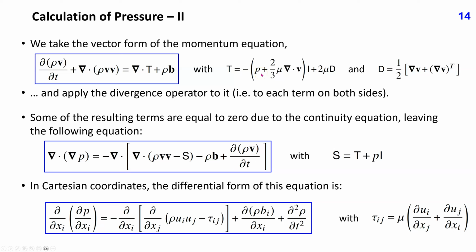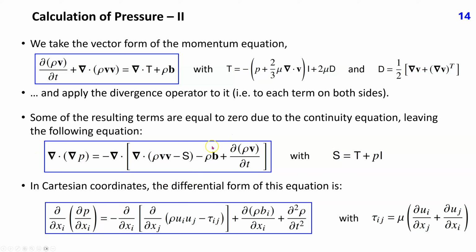The latter are proportional to the dynamic viscosity times the rate of strain tensor. We now apply the divergence operator to this equation, that is, to each term on both sides. Some of the resulting terms are equal to 0 due to the continuity equation. After some rearrangement, the following equation results.